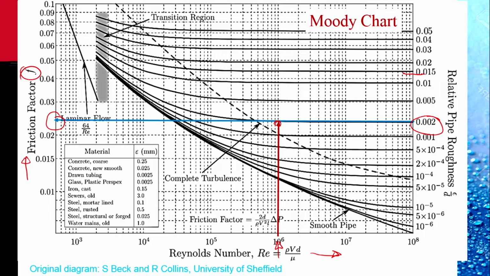And with the two groups, we are able to plot a graph, and from this graph we can determine the value of f. This is a substantial improvement on the result. So we read the value of f as 0.023 from here.